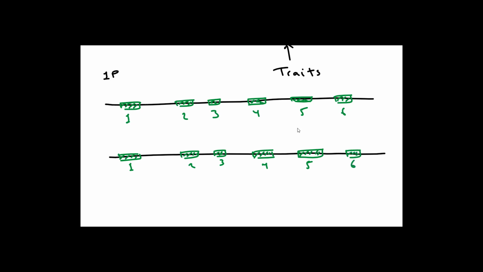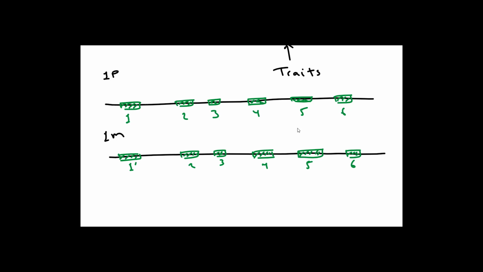The difference between the 1 paternal and the 1 maternal could be slight, meaning that this gene 1 might be slightly different than the gene 1 on the paternal. So the 1 maternal could be a little bit different.